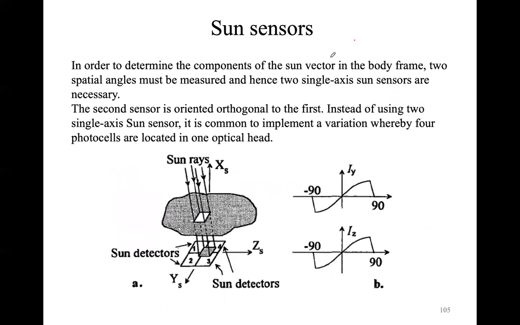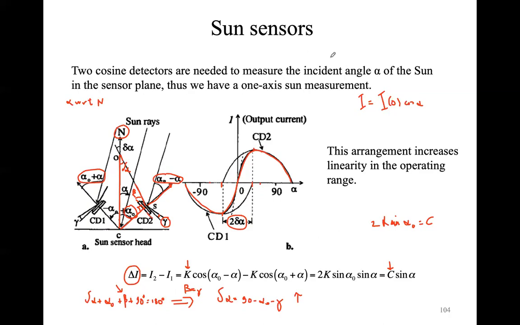Okay, so let's go and conclude the sun sensors. As we said, we have found this dual sensor configuration in order to determine alpha, the inclination of the sunlight with respect to the normal of the sun sensor head.